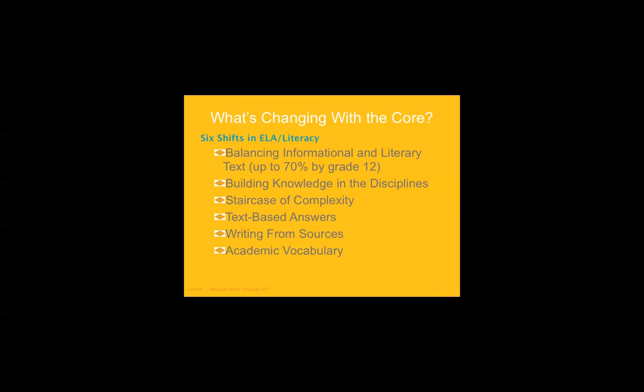So what's changing? Well, there's a whole heck of a lot more literacy with informational texts, up to 70% by grade 12. And is that the English language arts' sole responsibility is to do that? And a lot of concerns are, oh, they're only going to be reading nonfiction text. That's not entirely true. That's across all strands of teaching, from science to history to English.